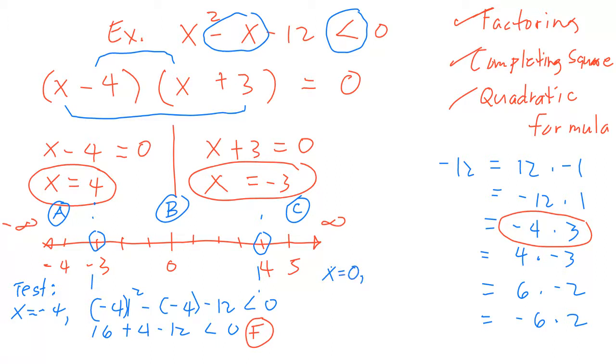So if that is 0, then when we plug in using the original equation, 0 to the power of 2 minus 0 minus 12, then less than 0. So everything is 0 on the first two terms, and you have a -12 less than 0. The answer is true. So we found that now. So over here, it's true.